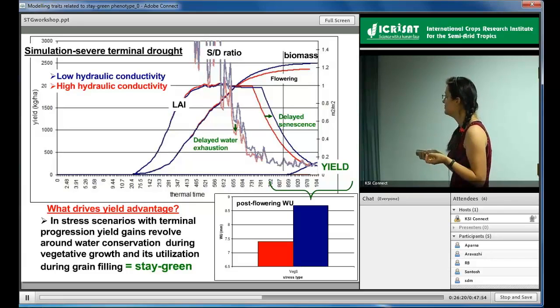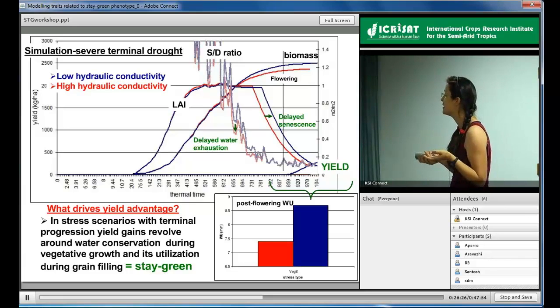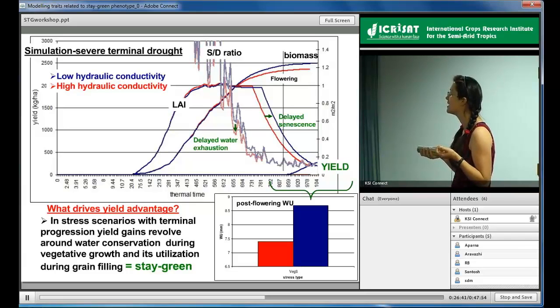Sometimes the differences in water extraction after flowering are really very minor. These small amounts of water saved in the soil profile lead to the complete crash and yield failure of the red genotype. However, the blue one is able to produce at least some yield, some 300 kgs per hectare.